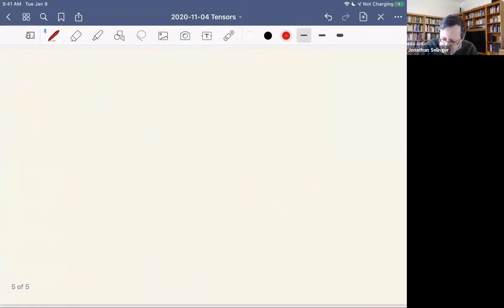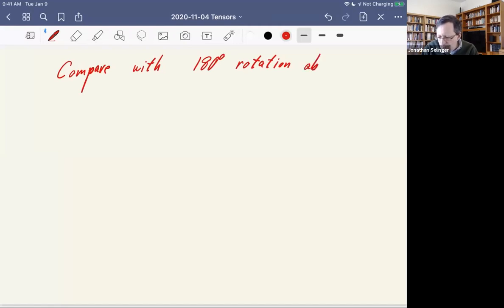We could compare that with a 180-degree rotation. Okay? If you have a 180-degree rotation, well, you have to say, of course, what axis you're rotating about. What if you're rotating about the x-axis? Okay? So if you're rotating about the x-axis, so X, Y, Z, okay?